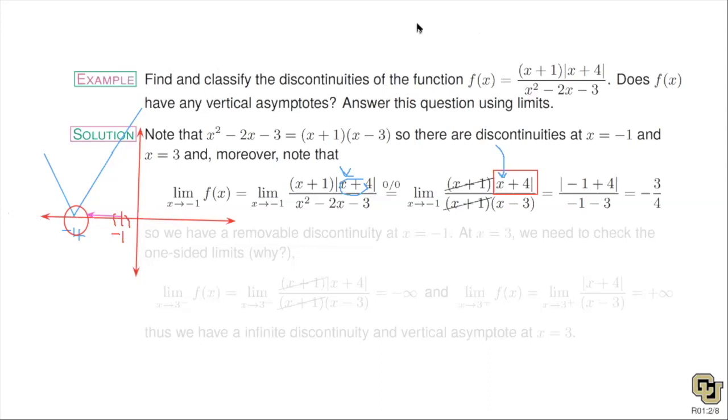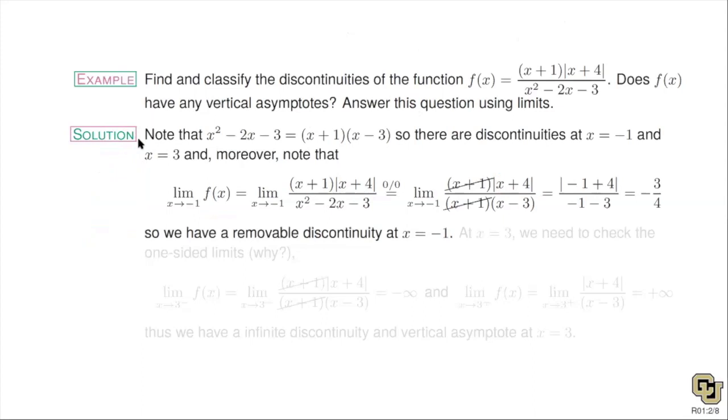At -1, it doesn't. At -1, it's basically behaving like a continuous function. I just plug in the number and do whatever the absolute value tells me to do. Okay, so I hope that explains why I wasn't worried about the absolute value of x plus 4 here. So we can conclude that because the limit exists but the function's not defined at -1, we have a removable discontinuity at -1.